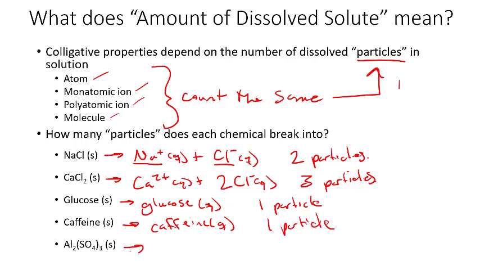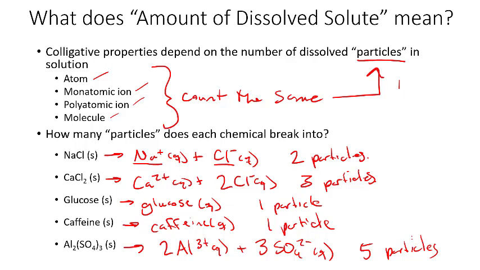Okay, aluminum sulfate splits into 2 Al3+ plus 3 SO4 2-. So there's 2 plus 3, there are 5 particles.